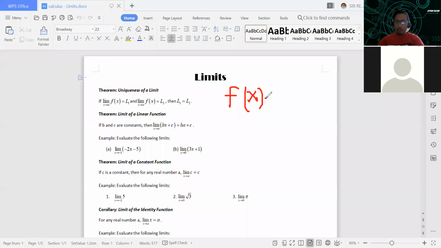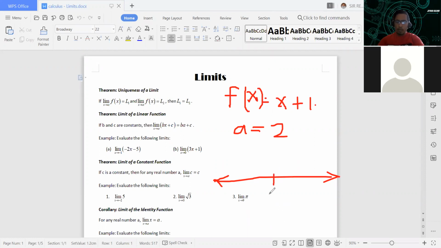Okay, say for example, your f of x is equal to x plus 1. And your fixed point A is, say for example, equal to 2. So in that case, what you will be doing is, you are going to locate 2.